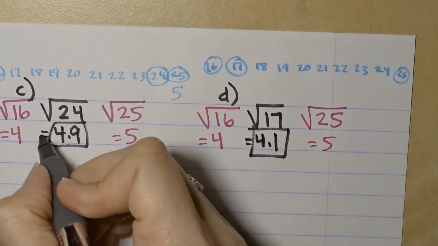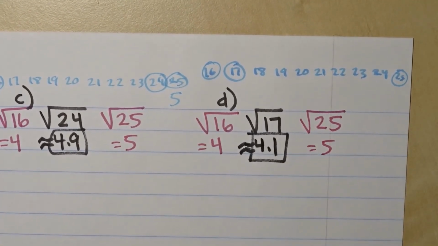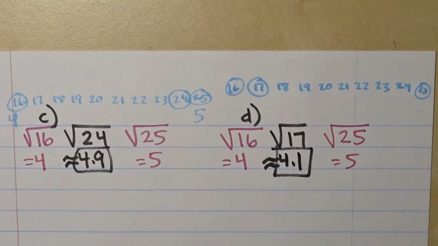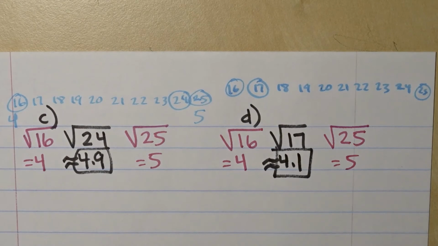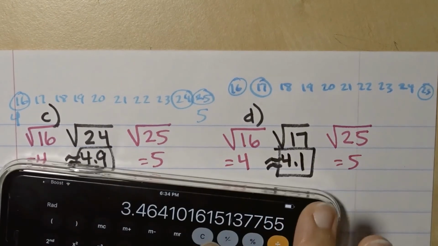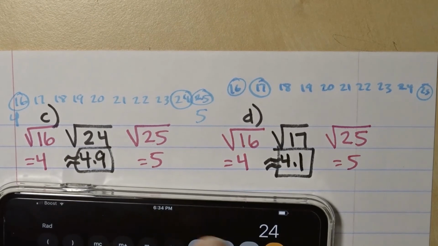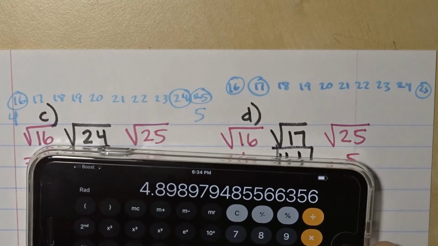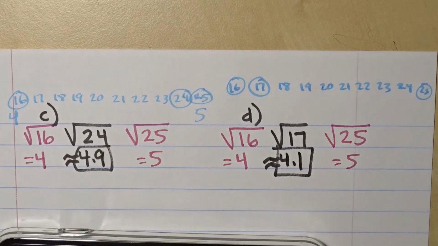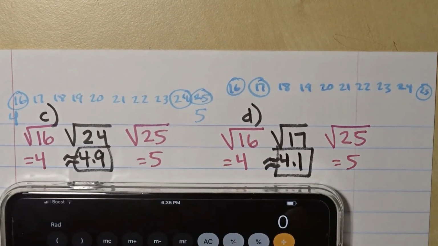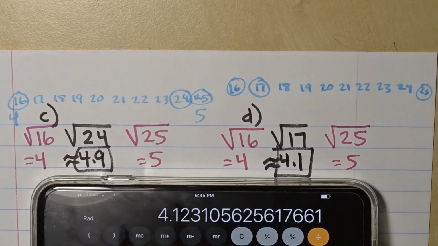Remember, these are estimates. Let me quickly verify that for you. Square root of 24 is 4.89, which is close enough to 4.9, and square root of 17 is 4.12 something, so close enough.